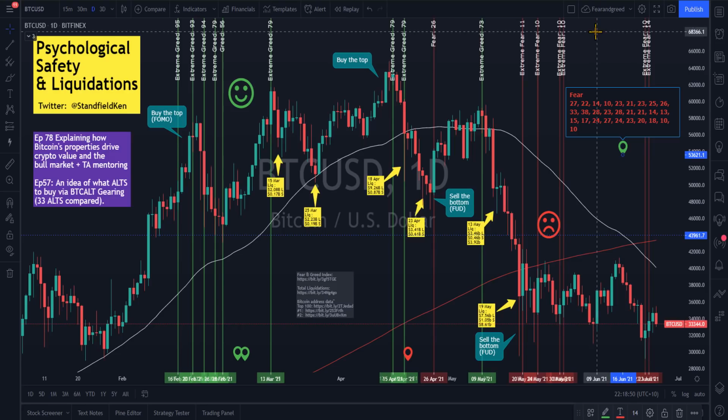Maybe before we get into Wyckoff analysis, it would be interesting to just revisit psychological safety. We know that when there is extreme optimism or extreme greed in the market, people FOMO in because they have a fear of missing out. So they accumulate, and they're basically manipulated into doing that, and the institutions sell off.